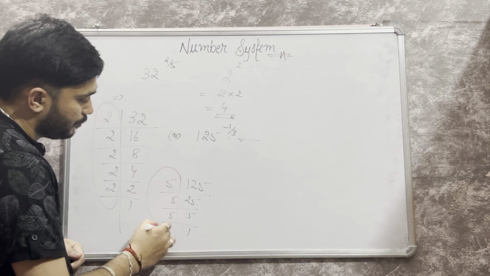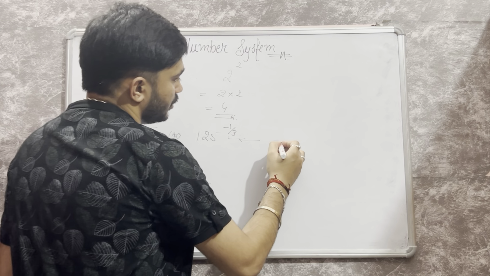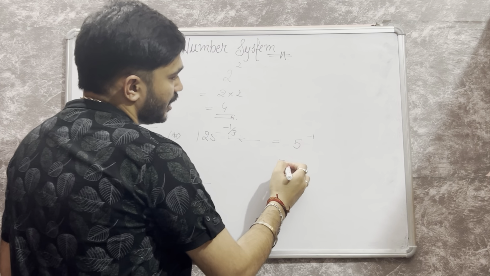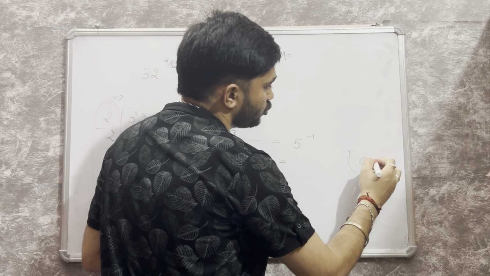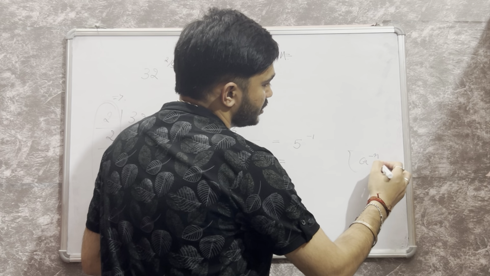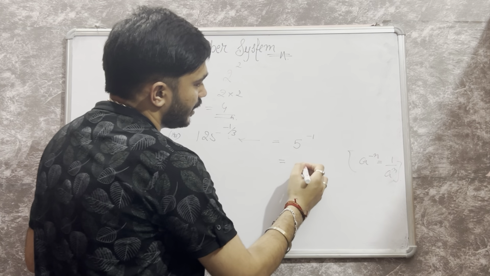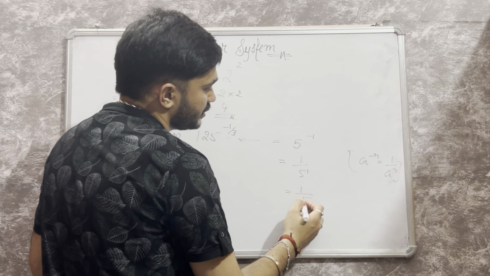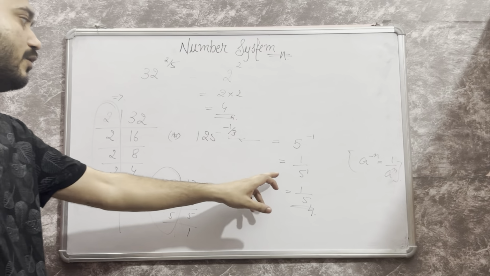So you are going to pair 3 numbers and write it as one number. So our answer will be 5 raised to power minus 1. Here we are going to apply a property of exponents, that is a raised to power minus n is equal to 1 upon a raised to power n. So we can write it as 1 upon 5 raised to power 1. Since power 1 is not written in the answer, the answer of this question will be 1 upon 5.